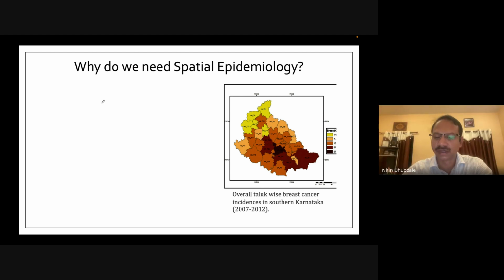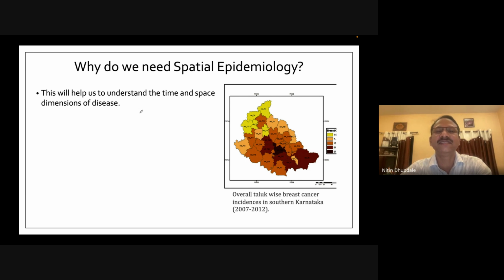Yes, very good. With the help of spatial epidemiology, we can understand the time and space dimensions of the disease. So what do we mean by that? We can understand the time trend of the disease occurrence and where it is happening. The when part of it, and where it is happening.